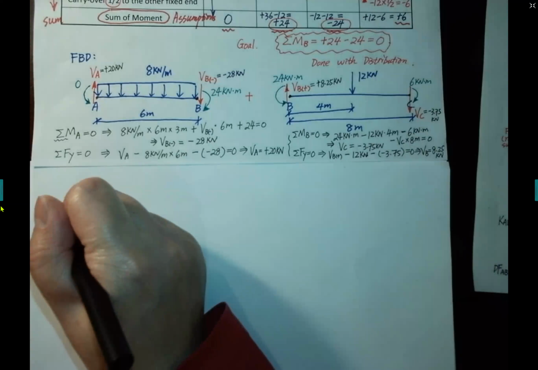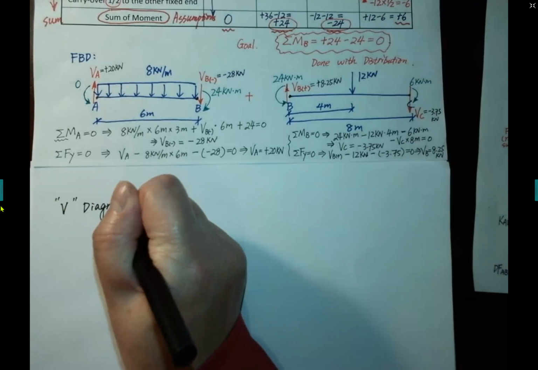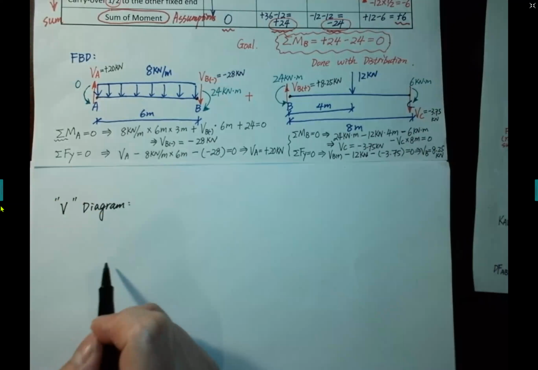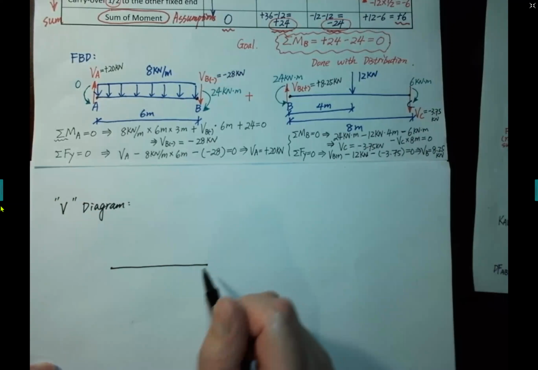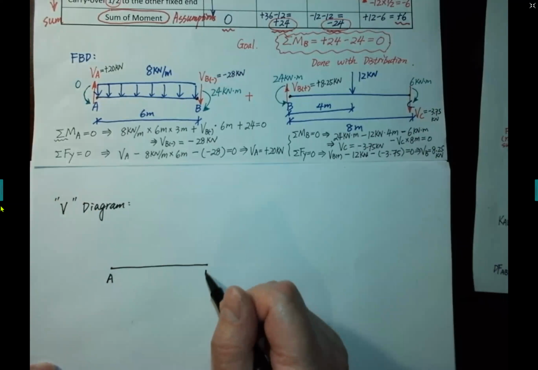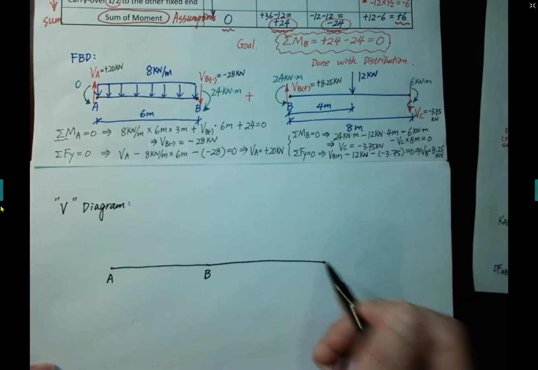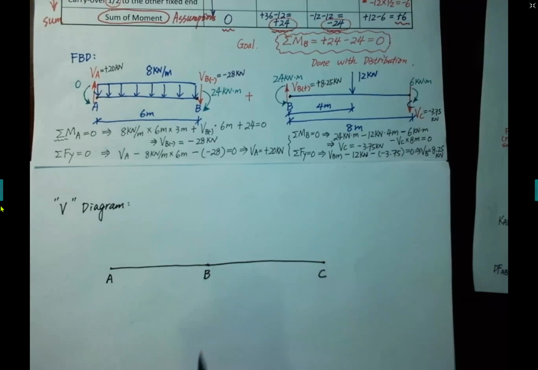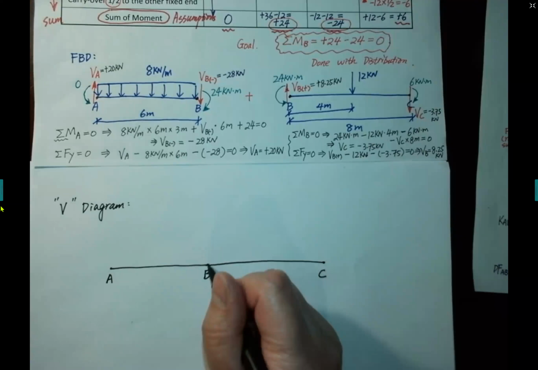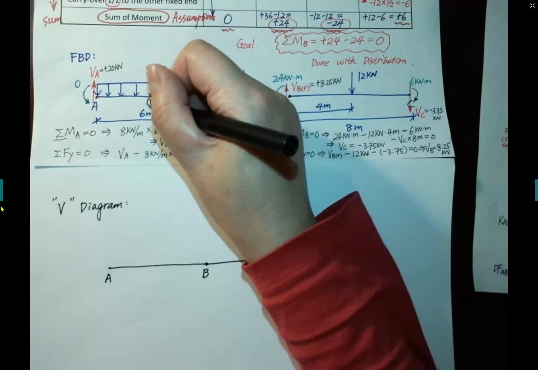So we'll draw the shear diagram next. AB, BC. Okay, there's two segments. And for the AB segment, that's member 1, and we refer to the free body diagram for member 1.